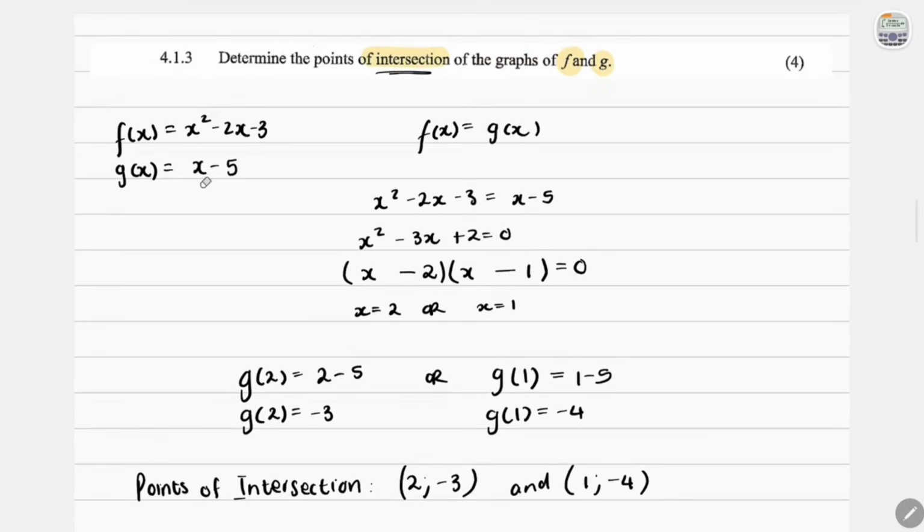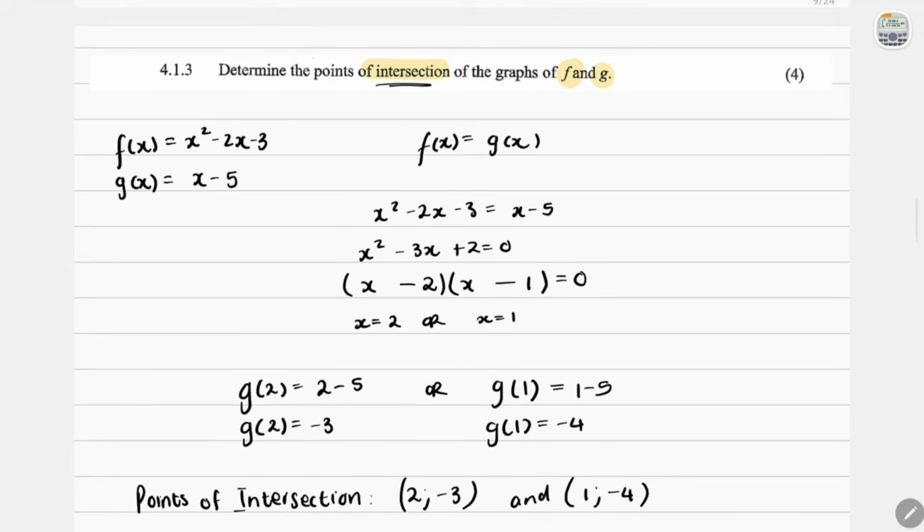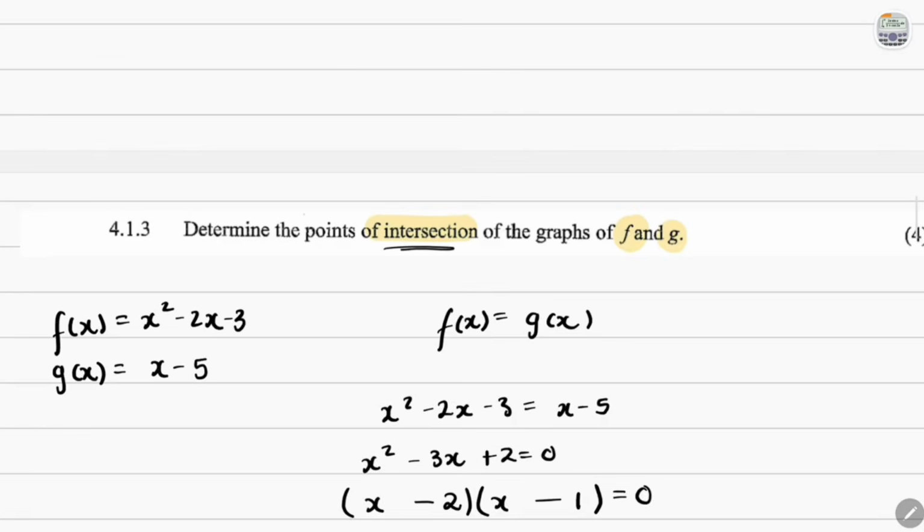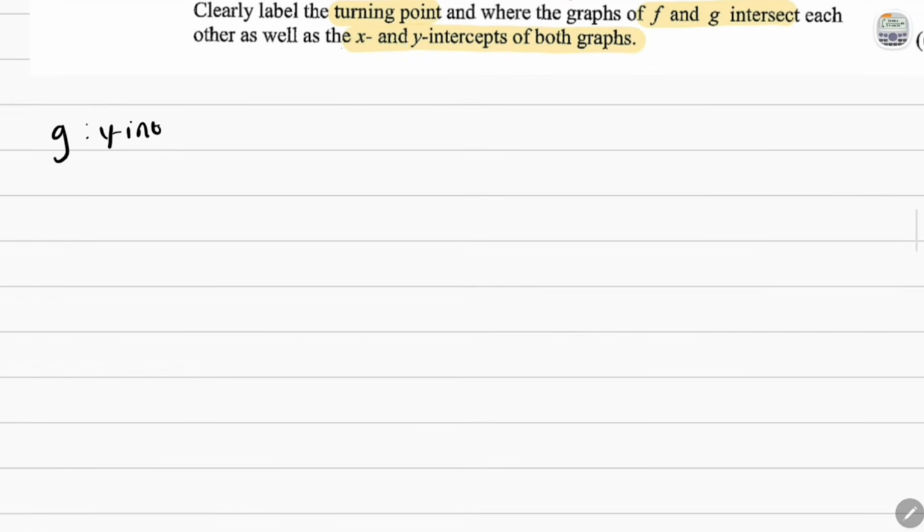Okay, we still need to find the x and y-intercept of the graph of g. So you can see that the graph of g has a y-intercept at this point, negative 5, because you can see that c is negative 5. If you made x equal to 0 to find the y-intercept, you just get negative 5 at the end.